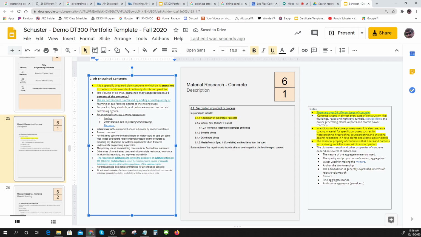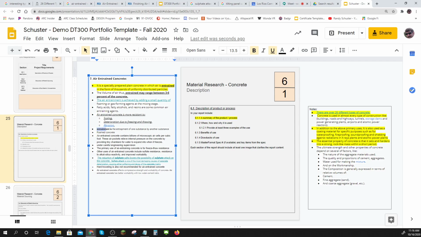This is a little bit detailed. It's not really part of a summary. This part about how much air there is in it, or how I go about doing it, that's not part of the summary. This is about the benefits and the drawbacks, the scaling, deterioration.